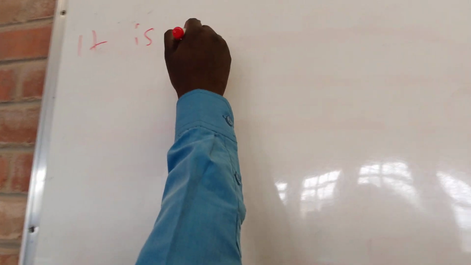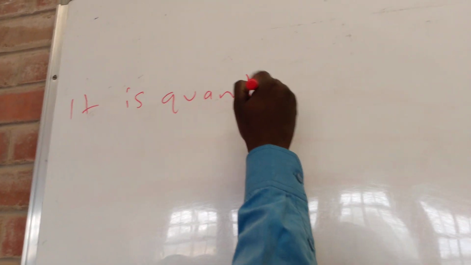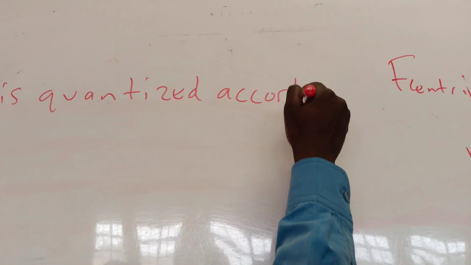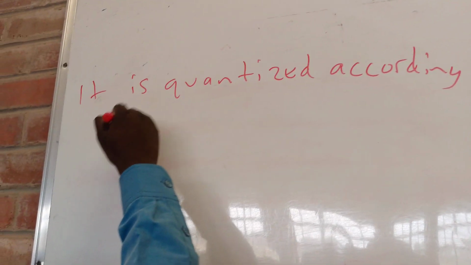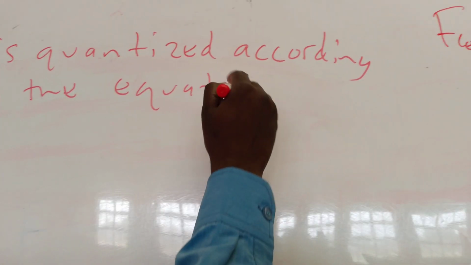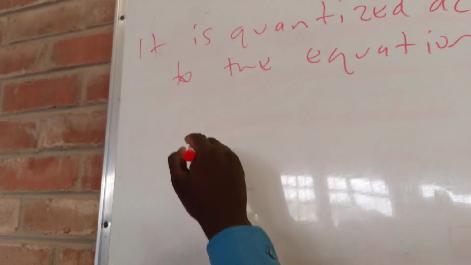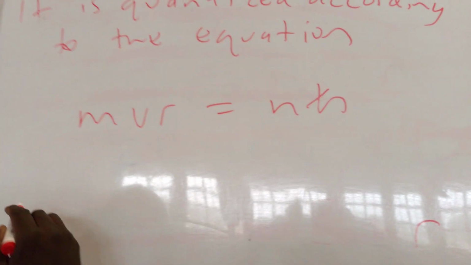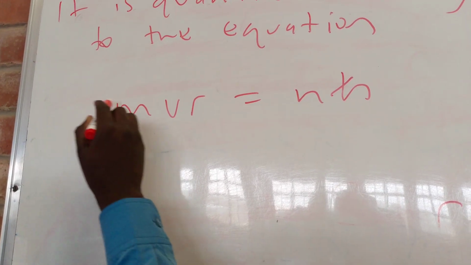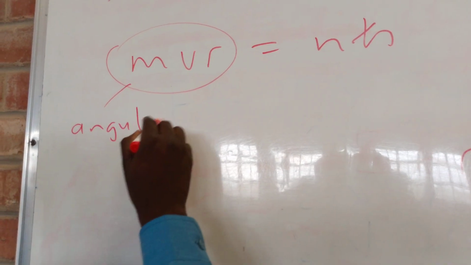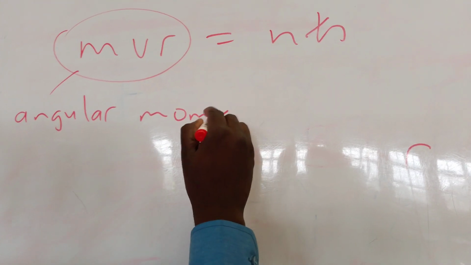It is quantized according to the equation mvr is equal to n h bar. So this quantity mvr is the angular momentum.